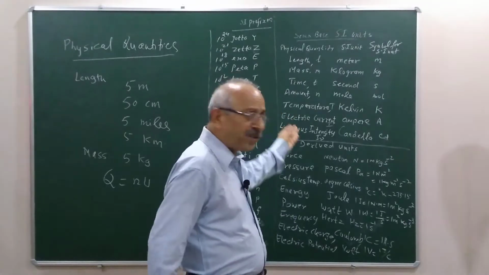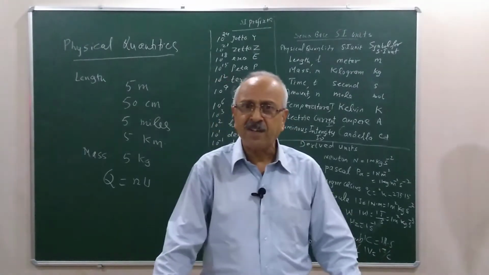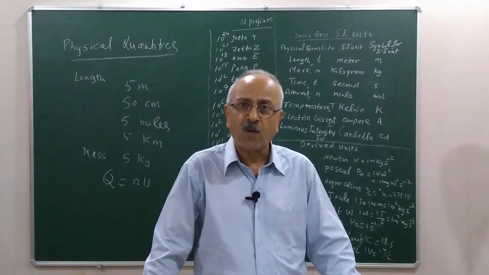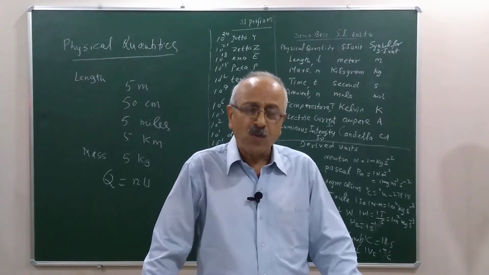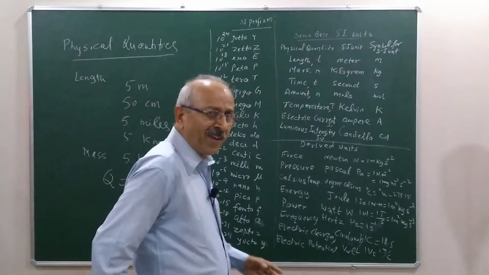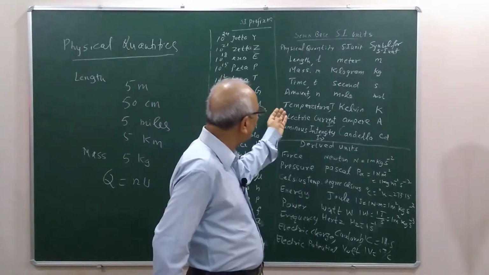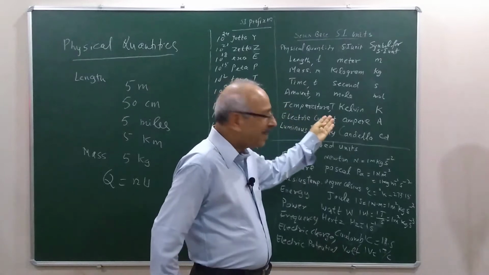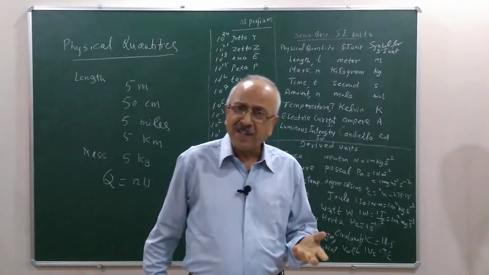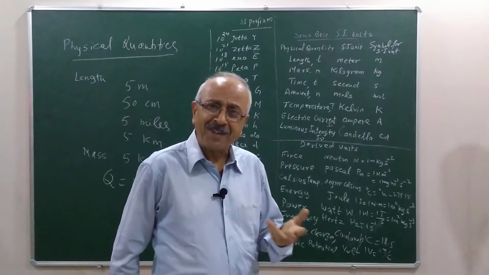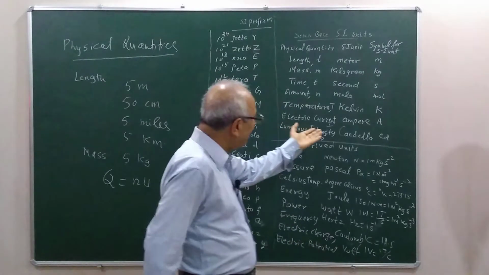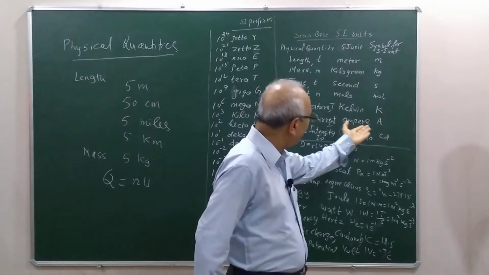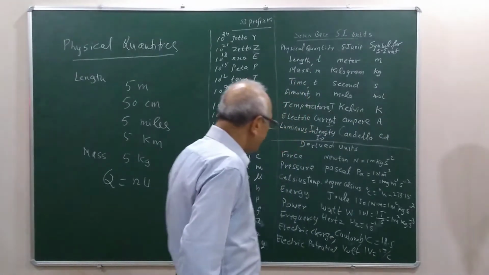For temperature, if I want to measure the degree of hotness or coldness of an object, I can use temperature. Man has used different scales for temperature: Kelvin, centigrade or Celsius, and Fahrenheit. And current is also a physical quantity, for which I have shown the unit ampere.